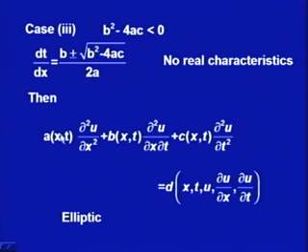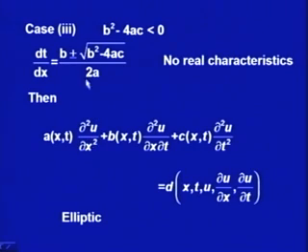And the characteristics we find using the equation dt by dx is equal to b plus minus square root of b square minus 4ac upon 2a, and depending upon these cases we get either 2, 1 or no real characteristics.